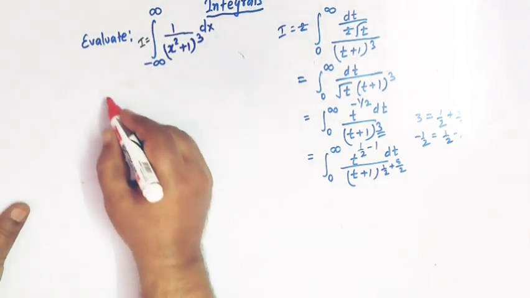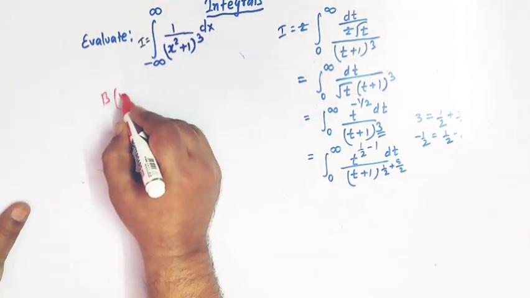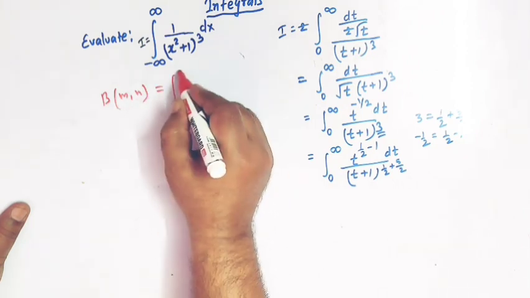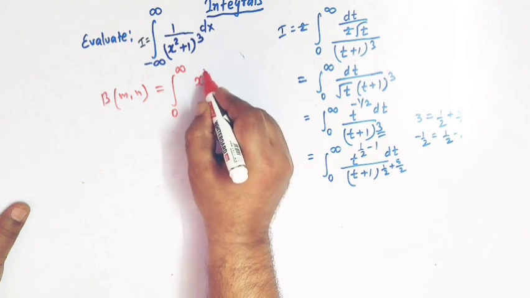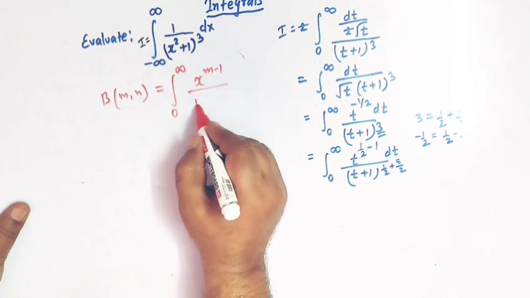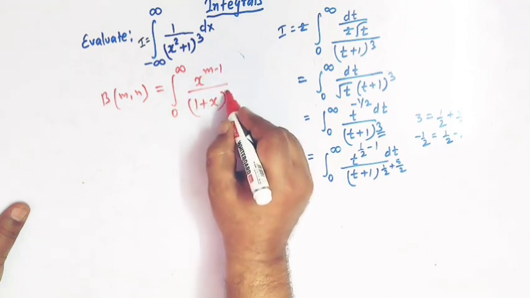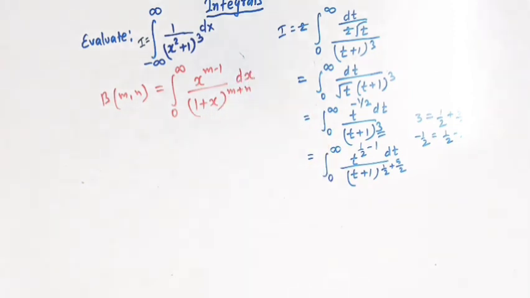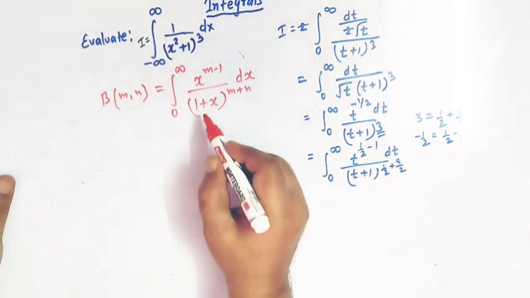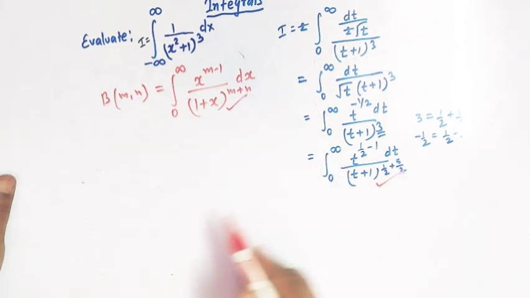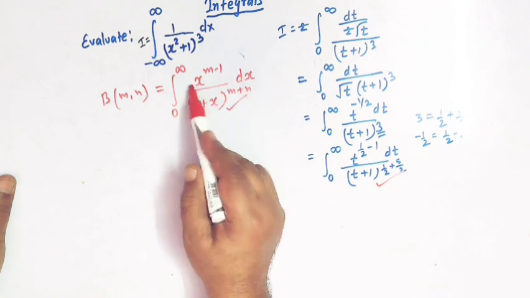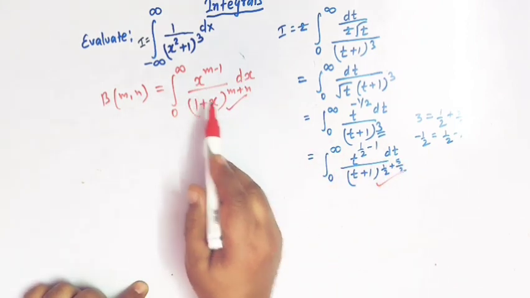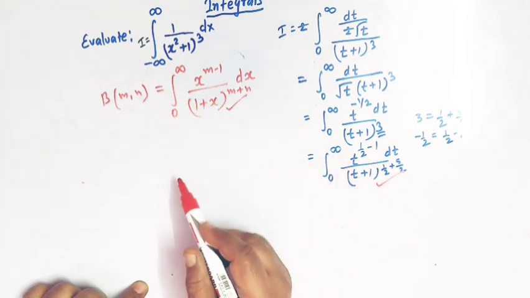So viewers, the beta function is defined as beta of m, n is equal to the integral 0 to infinity x raised to m minus 1 divided by (1 plus x) raised to m plus n, and here we have dx, right? So now if we compare this integral with this one, then here the variable is x and here the variable is t, and the variable is not going to make any difference because it is a dummy variable.